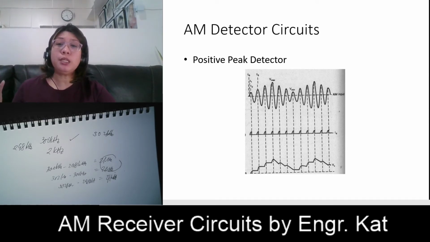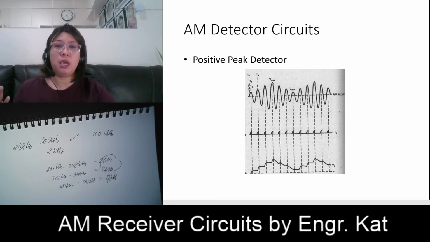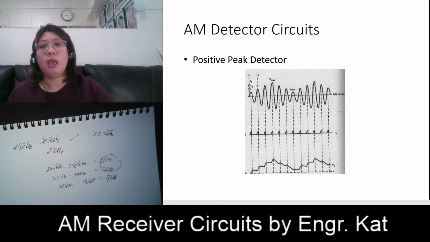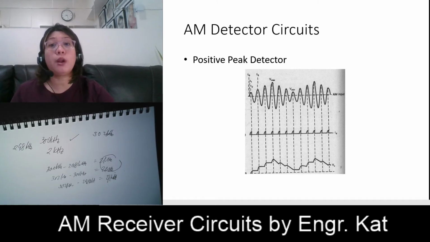Since during the negative half your diode is in reverse bias, we only have the positive half cycle. So your signal was rectified because of your diode. If we have a maximum voltage here, your capacitor charges to a higher, maximum value.